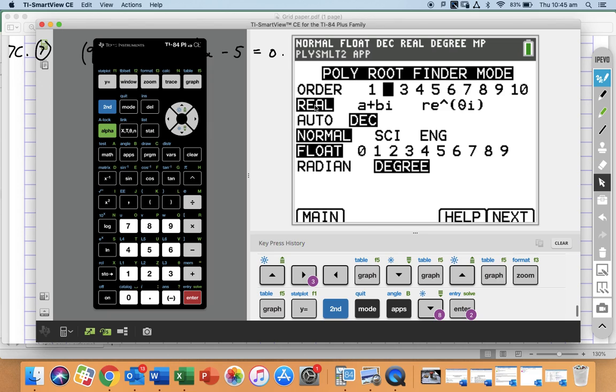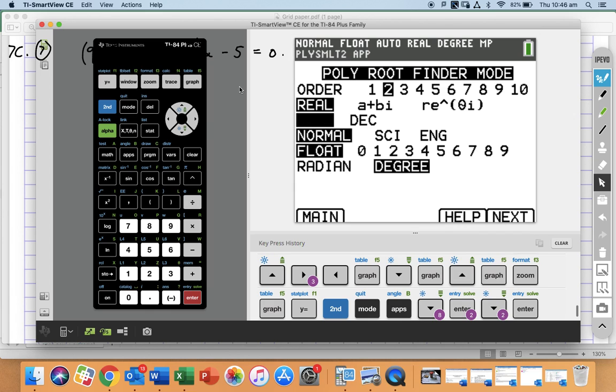We want our solutions to be real, so I don't think we're going to get negative square roots in this question. Let's see if I put this onto auto, maybe, hopefully, it will report the answer as a fraction. Okay, and then do next. So I'm clicking on next.